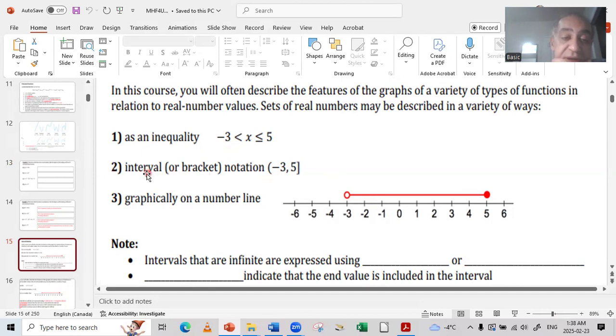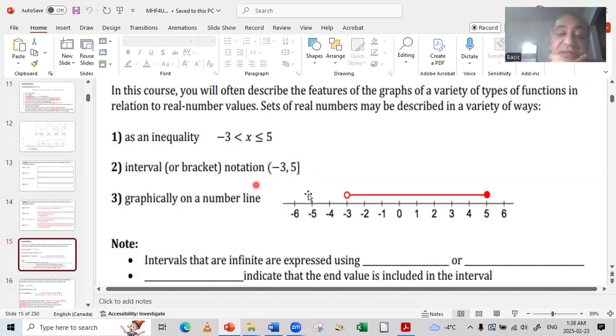Round brackets, and I also have square brackets. If it's not exactly equal, it will be a round bracket. But here it's closed because it's equal, so this bracket is a square bracket like this.